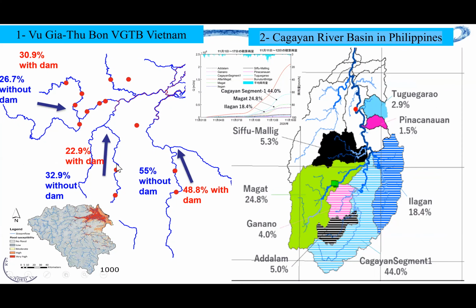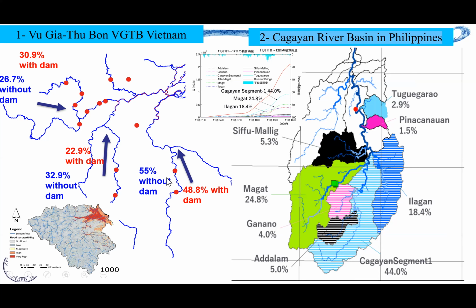We could also use different hydrological models, not only machine learning, in order to understand the contribution of each river basin during a flood. How much water, or how much percentage, will come, because this river basin had more than 18 dams.